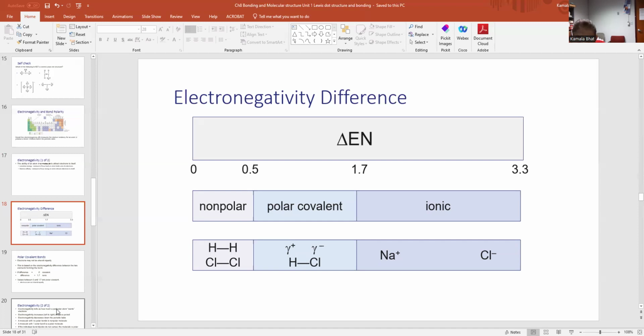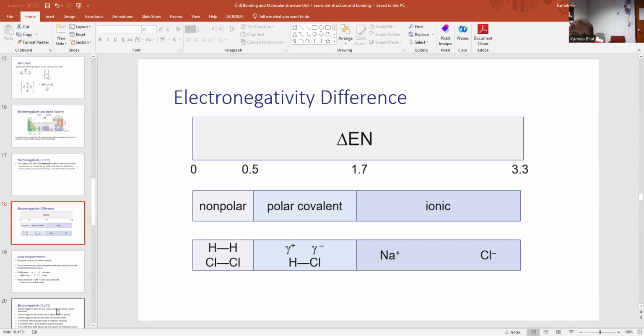And therefore, we have the ionic compounds that lose or gain electrons, and the electronegativity difference is measured from 0 to 3.3, with 0 to 0.5 as nonpolar, between 0.5 and 1.7 as polar covalent, and above 1.7 and up to 3.3, it is ionic.